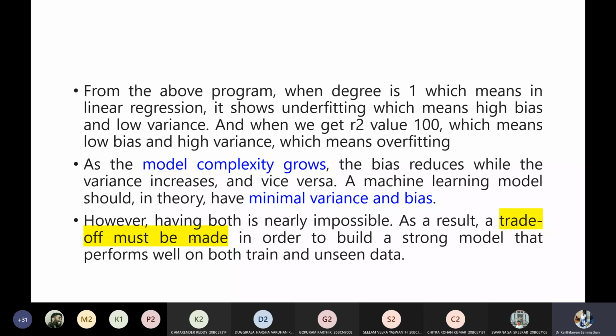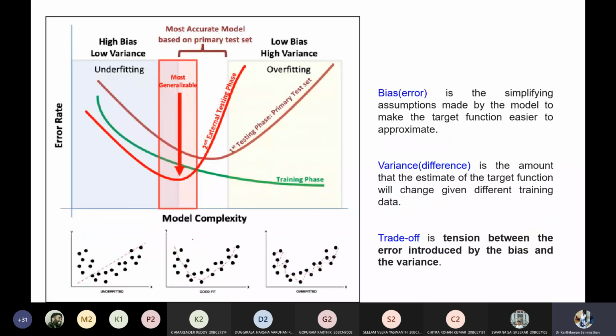Sometimes bias increases and variance decreases. Having both minimum variance and minimum bias is very difficult, almost impossible. In such cases the trade-off happens. A trade-off must be made in order to build a strong model that performs well on both training data and seen data. So if you want minimal variance and minimal bias, the trade-off should be made to avoid such problems.